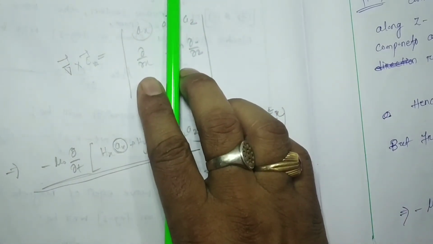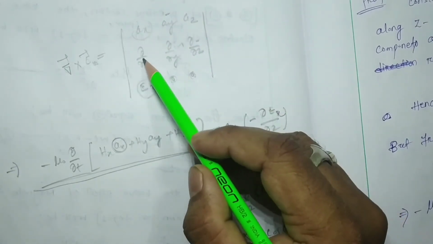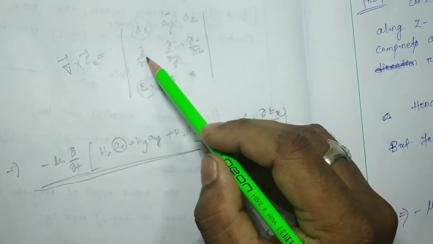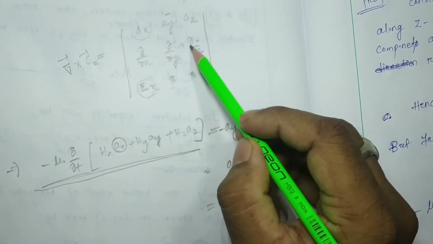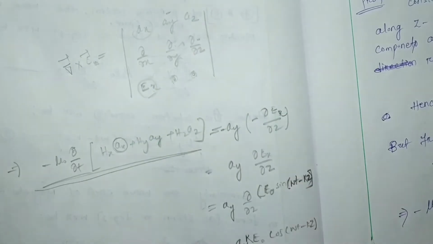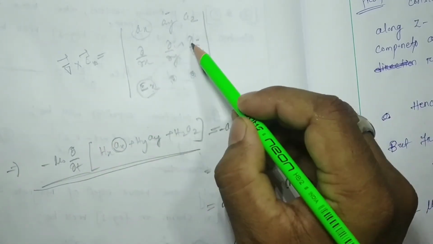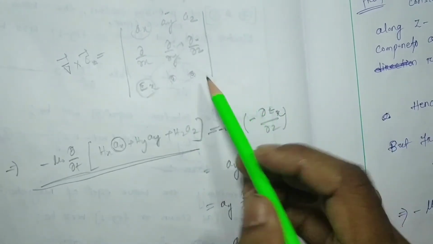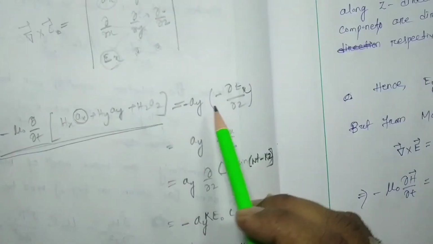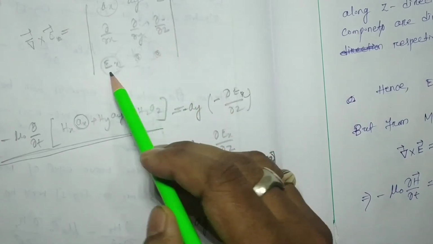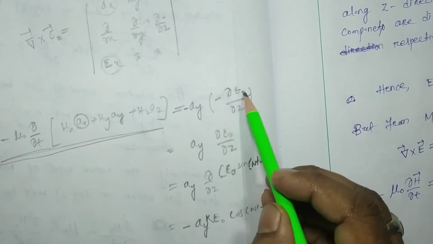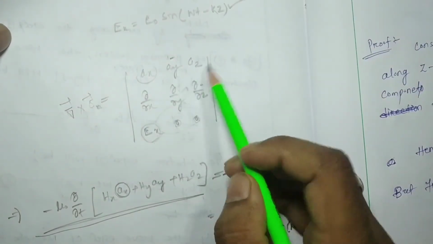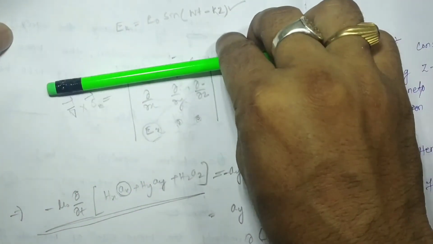restricted this column and this row, the multiplication will be like this. We have to consider the 4 like this. This is the way we have to multiply. Del by del x of 0 will be 0, minus del by del z of ex, and plus az, restricting this column and row.